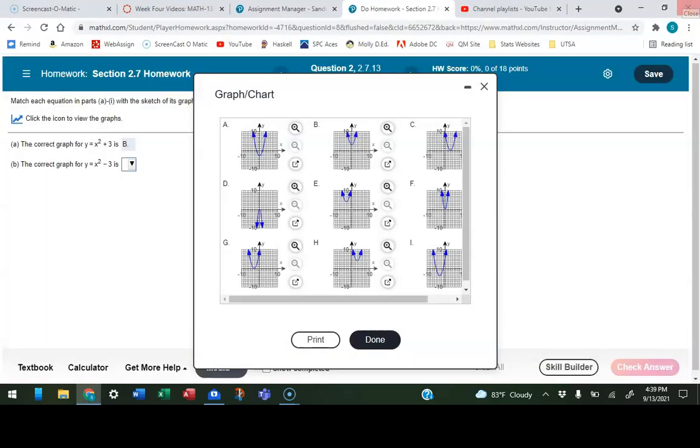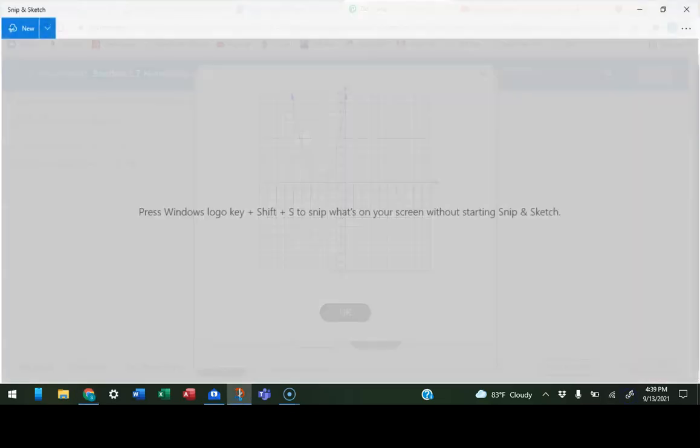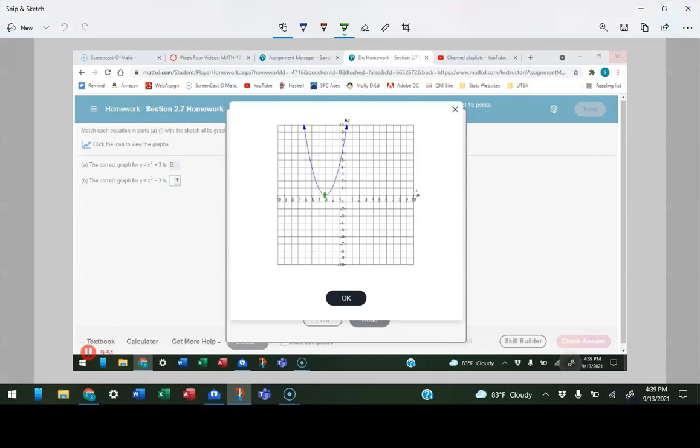Okay, so let's look at G. How did I get G? G has still got a 1-to-1 ratio. So I still have this starting point, and I still move up and down, and it's still a 1-to-1 ratio, okay? So to get to the next pretty point, I would still go either up or down 1 and then over 1.